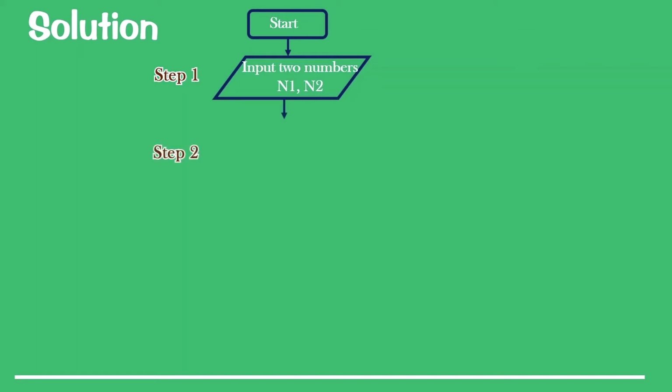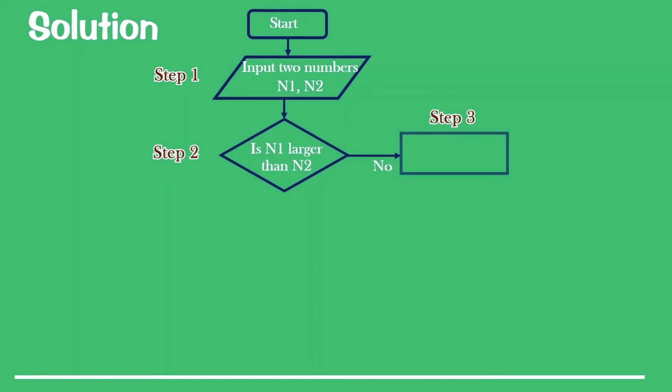Step number 2 is a decision where the first number is compared to the second number. A decision box is drawn with a statement inside: is n1 larger than n2? The arrow pointing out on the right with no underneath points to step number 3, which is the process box.